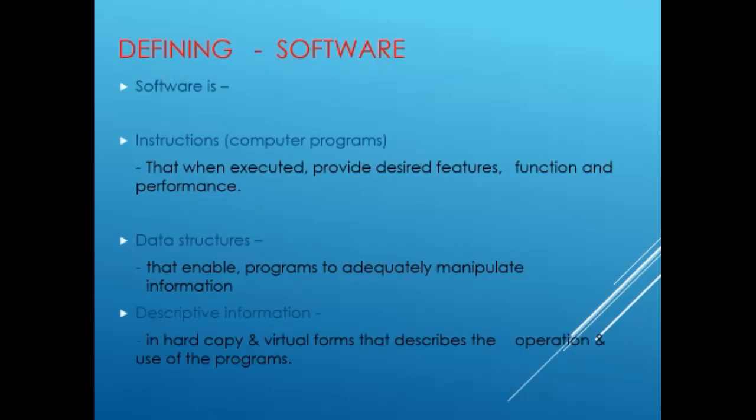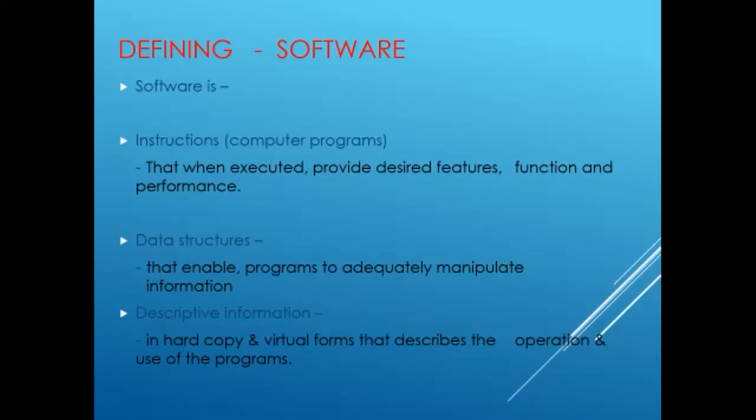Defining software. Friends, software is nothing but instructions, data structures, and descriptive information. The instruction is nothing but the computer programs that, when executed, provide desired features, function, and performance.